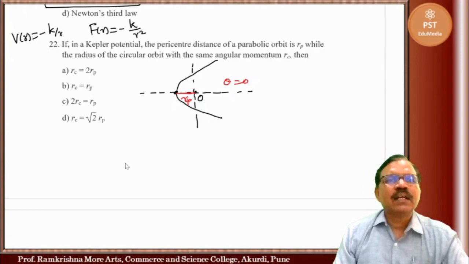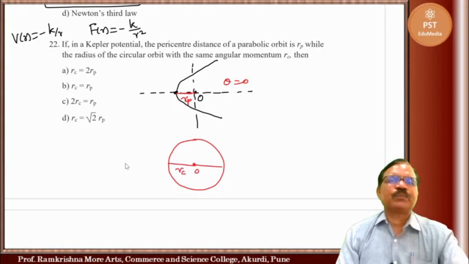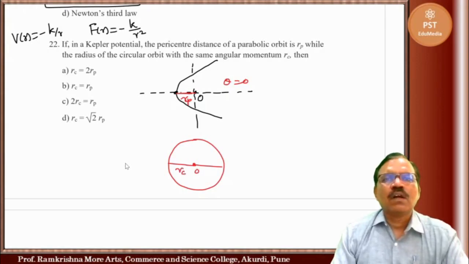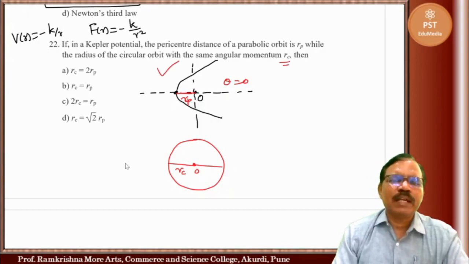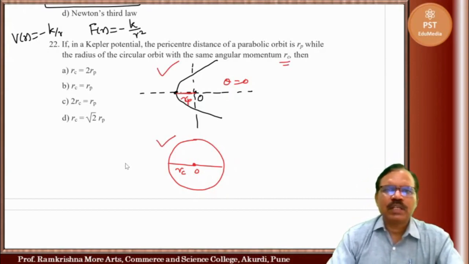And the next one: the pericenter distance of the parabolic orbit is rp, while the radius of the circular orbit, meaning suppose we take another particle moving along a circular orbit, and this rc is its radius, with the same angular momentum. Angular momentum here and angular momentum here will be the same, so L is the same.